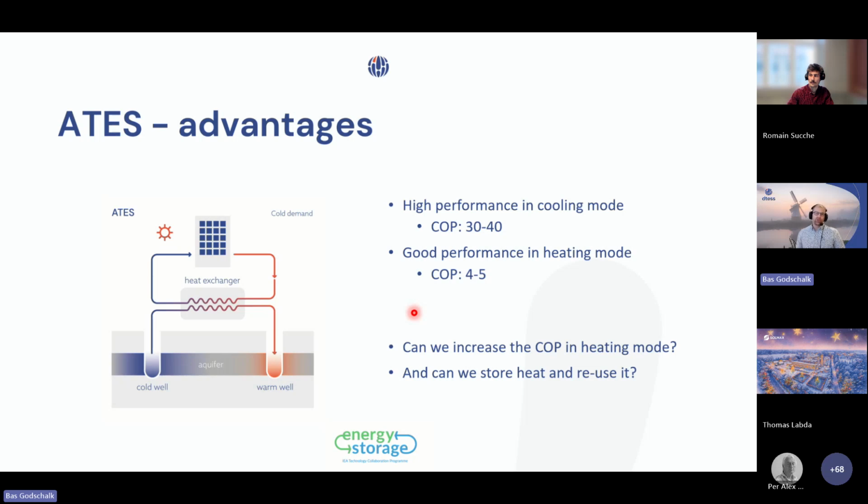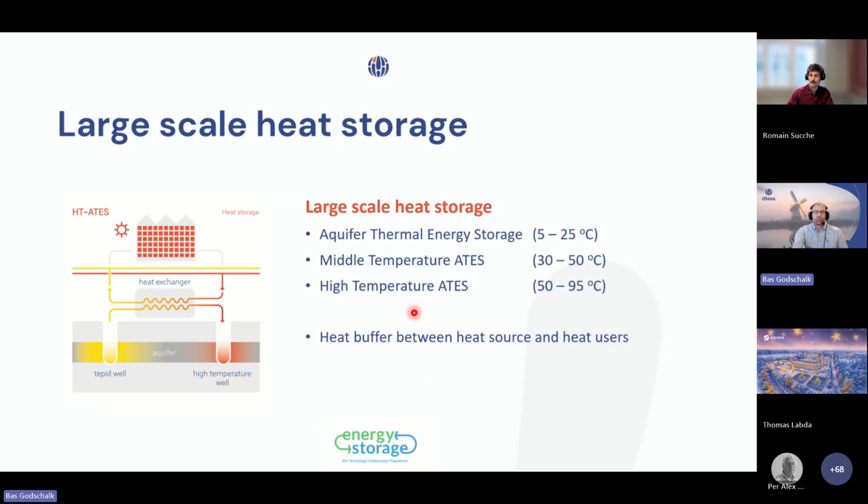And then we had the question, okay, but if we can store a large quantity of heat, can we also store larger amounts of heat as a buffer? So in this overview, you can see that the actual most common ATES systems are running between 5 and 25 degrees. Then we have the range where we can skip the heat pump and we run between 30 to 50 degrees.